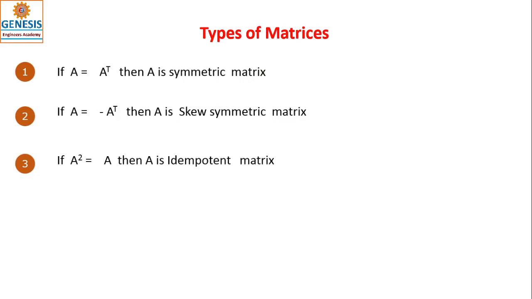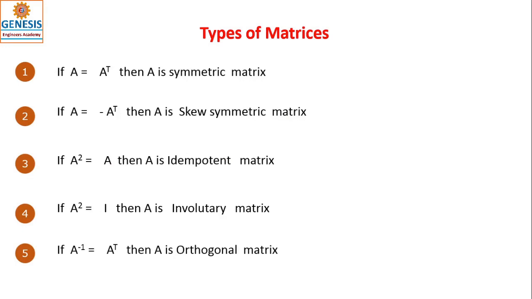If A square is equal to I, it is called an involutory matrix. If A inverse is equal to A transpose, then it is called an orthogonal matrix. Any vectors can be represented as a matrix. If these two vectors are perpendicular, then we call it an orthogonal matrix.